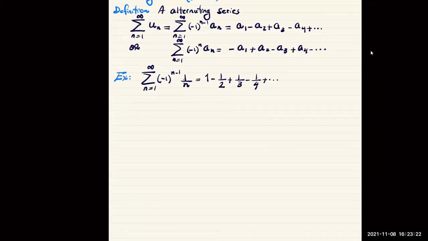It turns out, if I recall correctly, this series is convergent. Well, we know that the harmonic series, the one without the -1 to the n minus 1, when all terms are positive, is divergent. Remember?